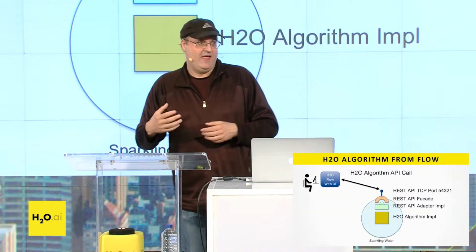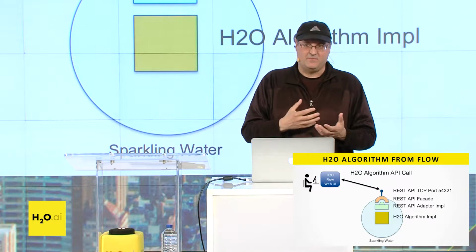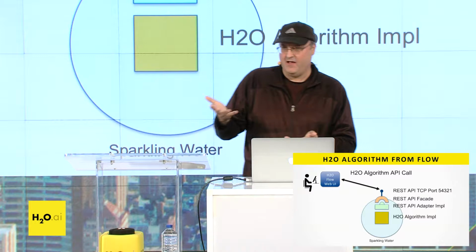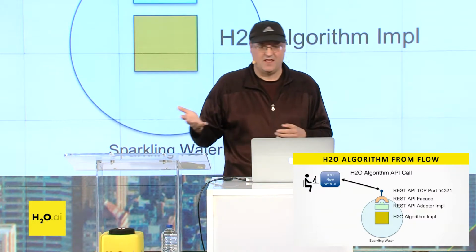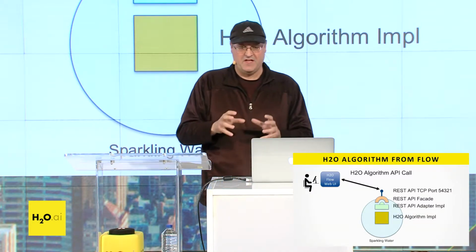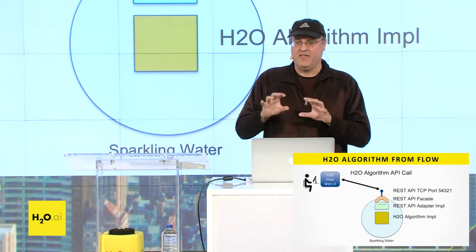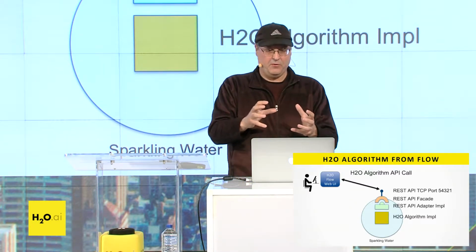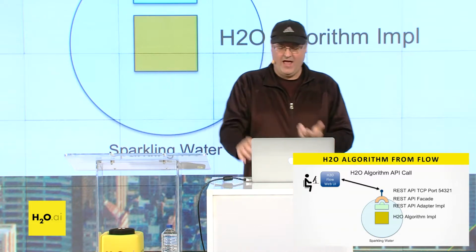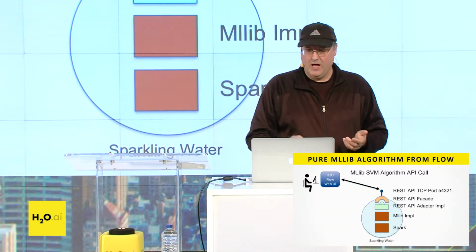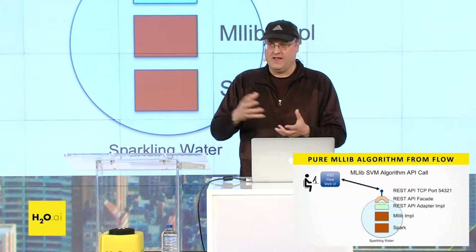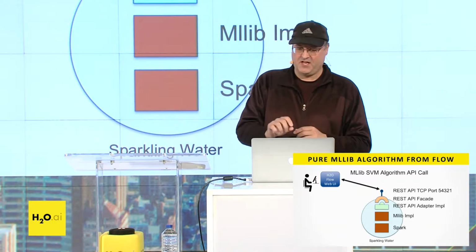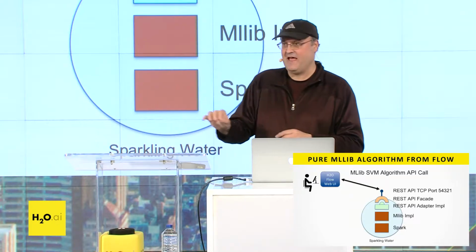And what we've done is add a new one, which is SVM, and it's the SVM inside of MLlib. And the way we've done that is literally just by making the API view that Flow has appear like it's part of H2O. Now, of course, what we've done is change the implementation of that adapter layer.